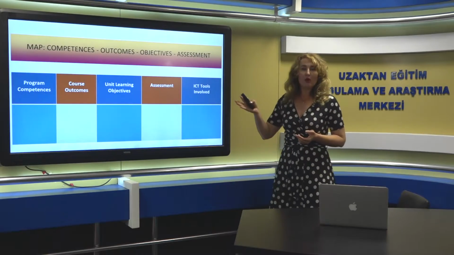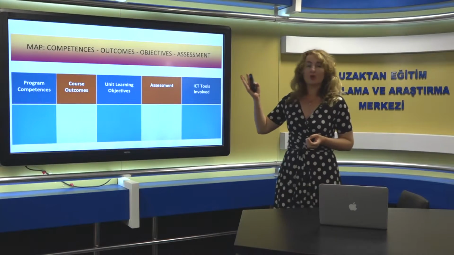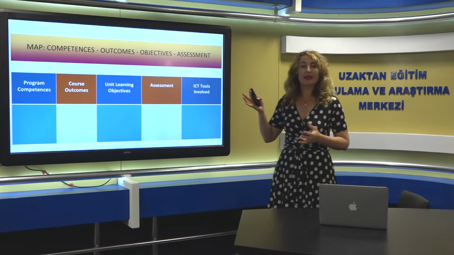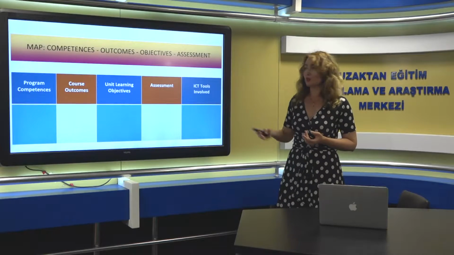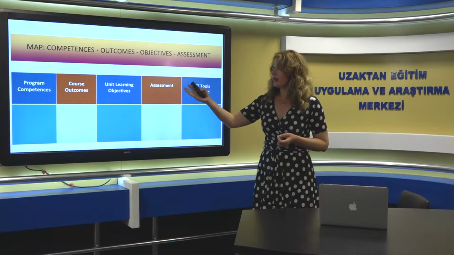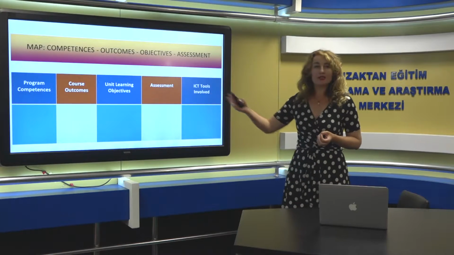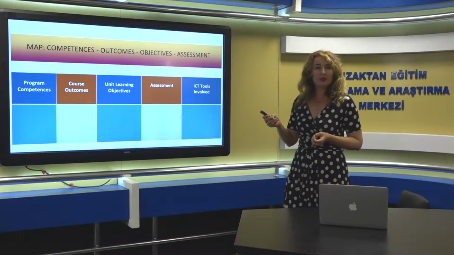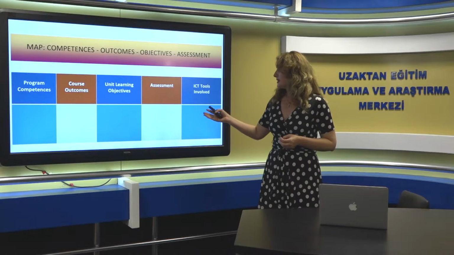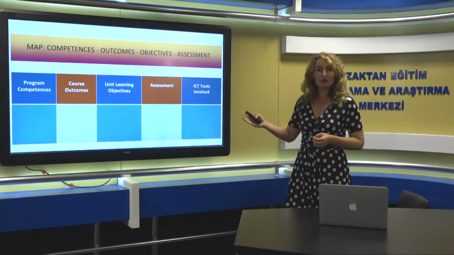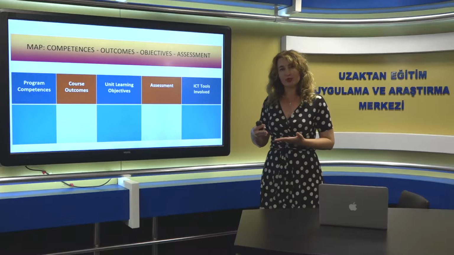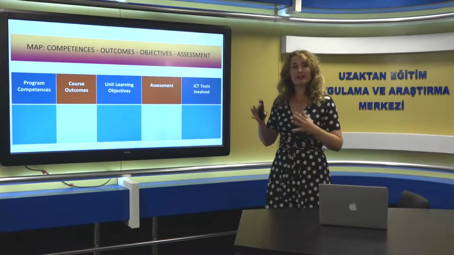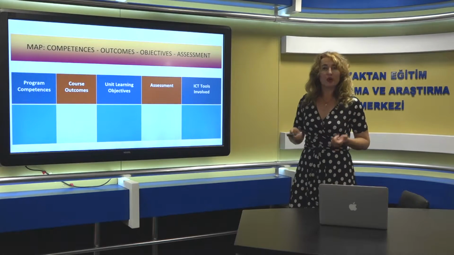The map of the competences, outcomes, objectives, and assessment can be presented in this way. So we have here program competencies, course outcomes, unit learning objectives, assessment, and ICT tools which will help us realize everything in the environment of online tutoring.